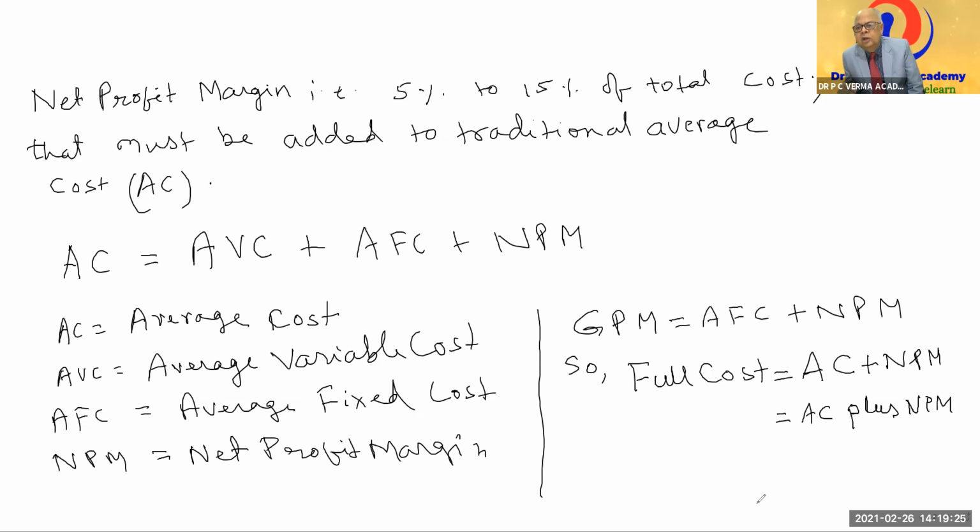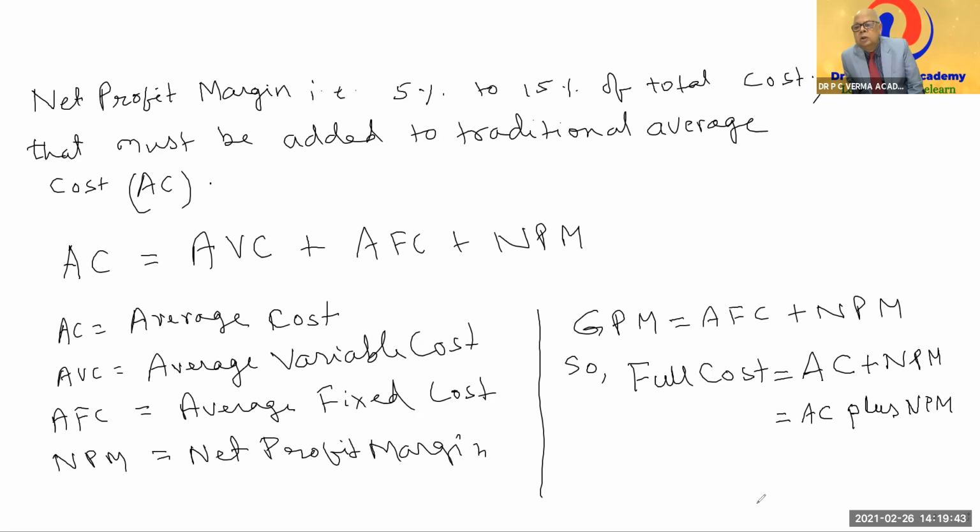What I'm asking is, yesterday the question was, is full cost total cost? The answer was no. In that answer, we have written that full cost equals total cost plus NPM.